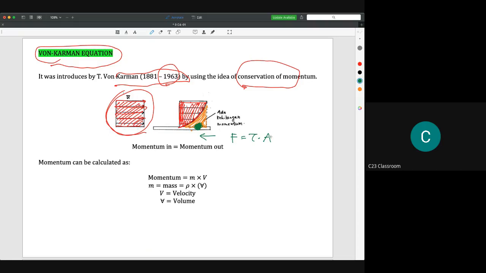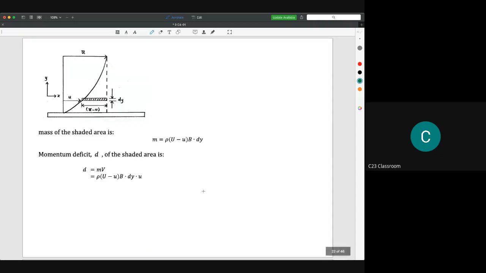To calculate the momentum again, I think you already know that the momentum is mass times velocity, and mass is rho times volume. I think we used this idea previously. So what we need to calculate is the deficit of momentum.